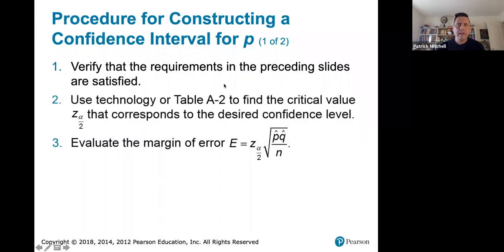Okay, so now we're ready to start constructing our confidence intervals. So the steps for that are first to verify that the requirements are satisfied. Next, use technology or table A2 to find the critical value that corresponds to the desired confidence level. And then we're going to evaluate our margin of error using the formula that we were looking at a few slides ago.